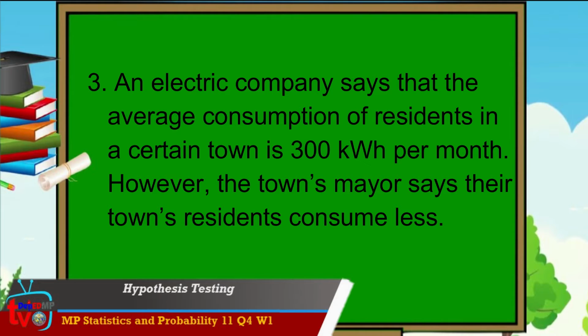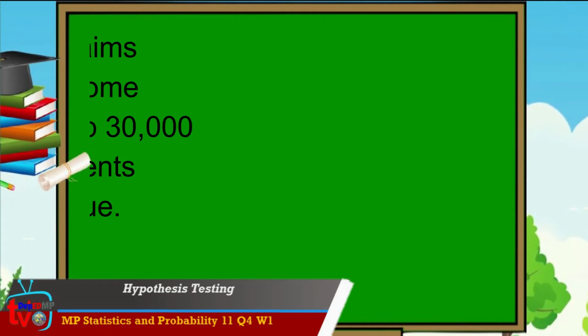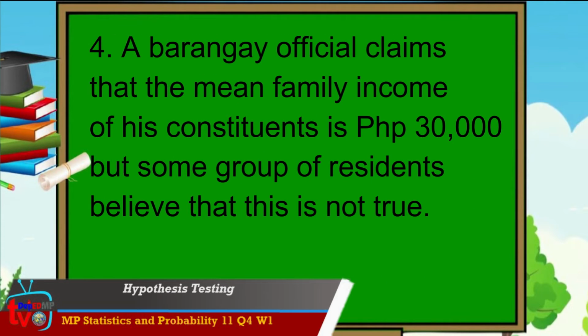However, the town's mayor says their town's residents consume less. Number 4. A barangay official claims that the mean family income of his constituents is 30,000 pesos. But some group of residents believe that this is not true.